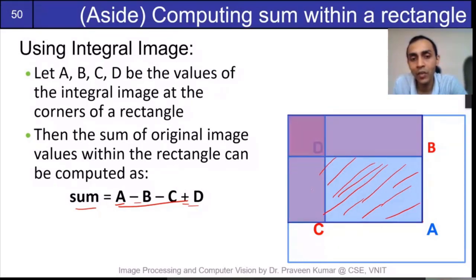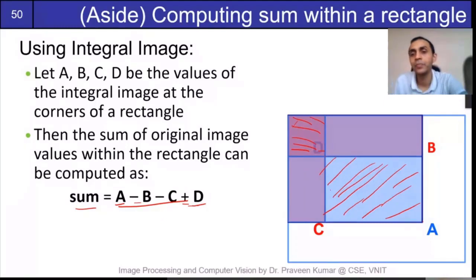Then I'll subtract the value of C, which will remove the sum of the pixels in this region. Now we have subtracted these pixels two times, once while subtracting B and once while subtracting C. So we add the value at D to regain this, so that the two-times subtraction is taken care of.